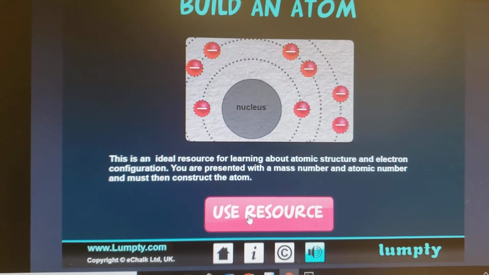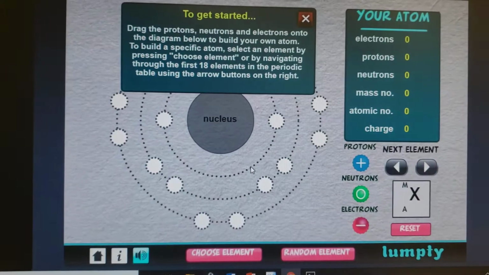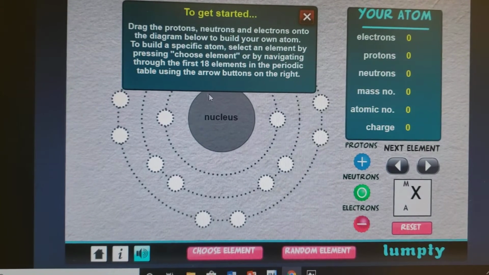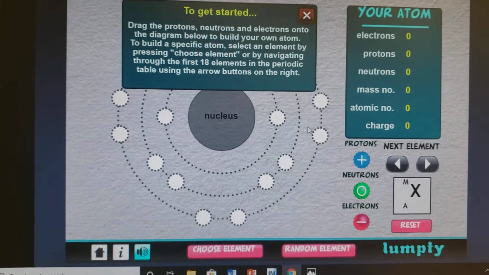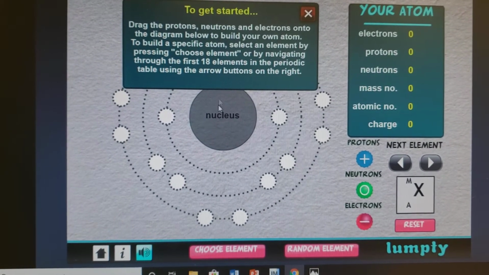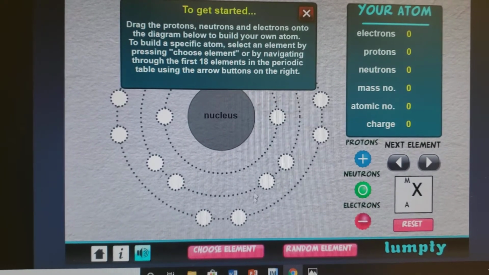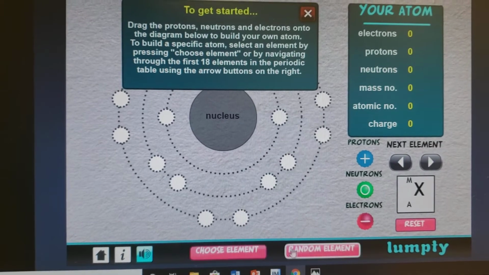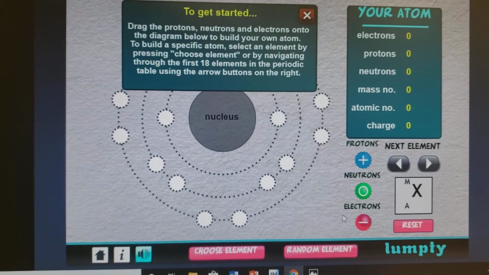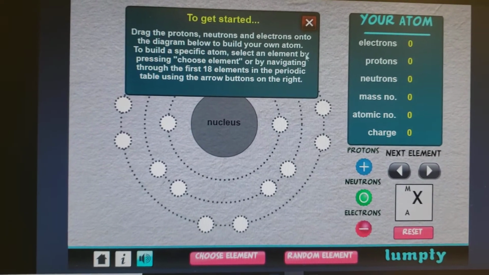You're just going to click Use Resource. And this is explaining to you what the different parts are. You're going to be dragging neutrons and protons to the nucleus, adding electrons, and building different atoms. You can choose an element that you want to build, or you can have it randomized, or you can work your way through the different elements.